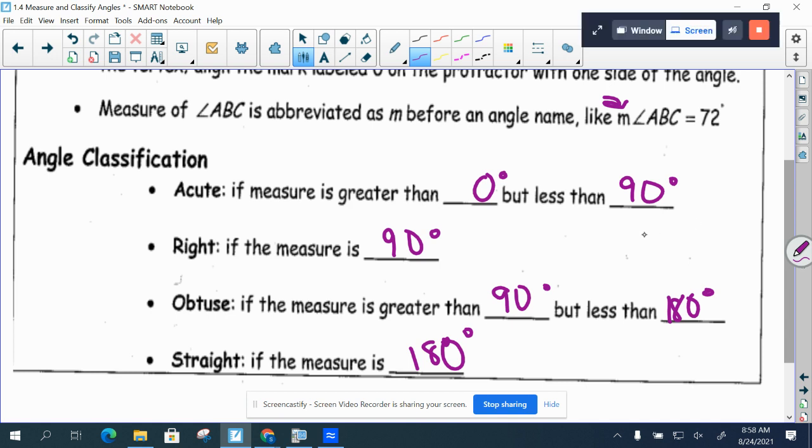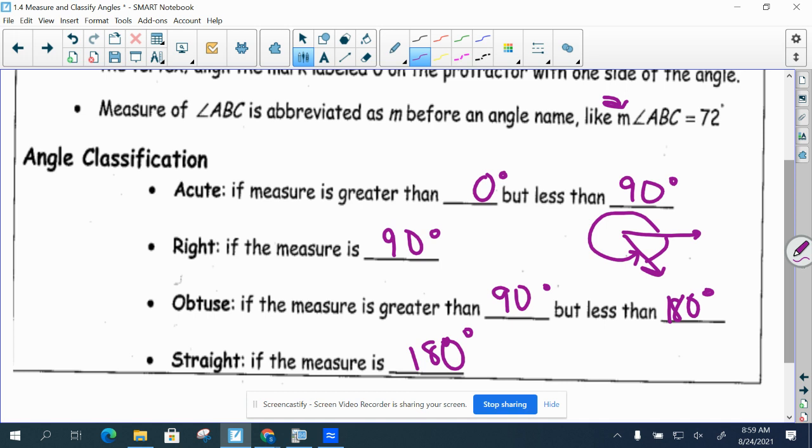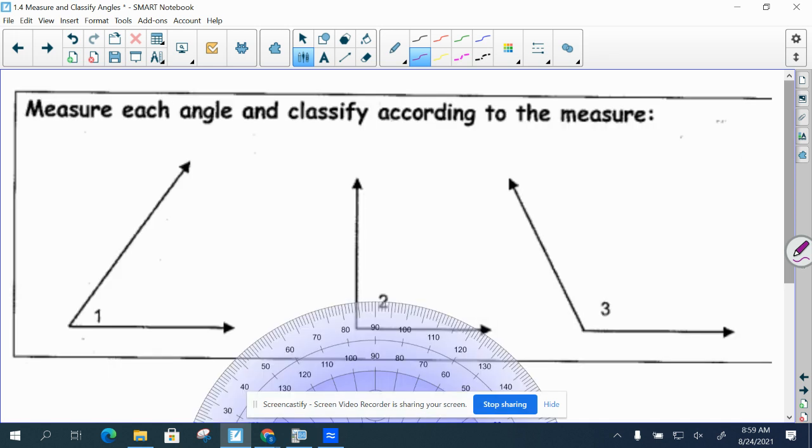For example, if I lined up my protractor here, this would technically be like 270, but we wouldn't measure it that way, we would measure it this way. So if you're reporting measures of angles using a protractor, you're never going to go greater than 180. Line up your protractor so that the angle fits between 0 and 180. Okay, so next page.